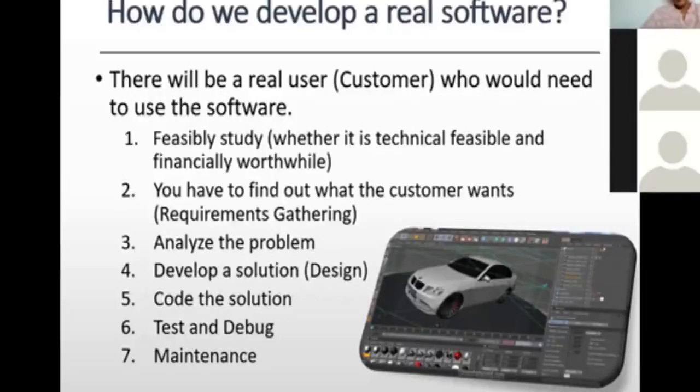Then we can install or deploy that system into that particular place, and then we have to do the maintenance. Not only handing over or installing the system at the customer's site, but we also have to do the maintenance. Why do we need the maintenance?